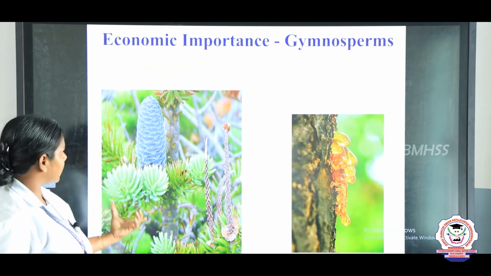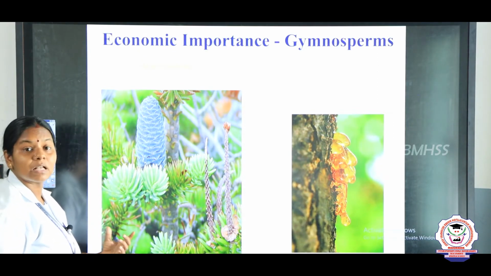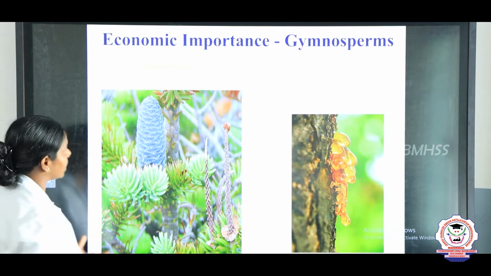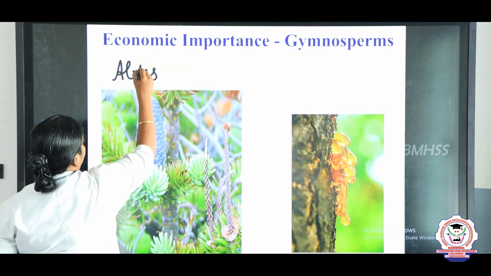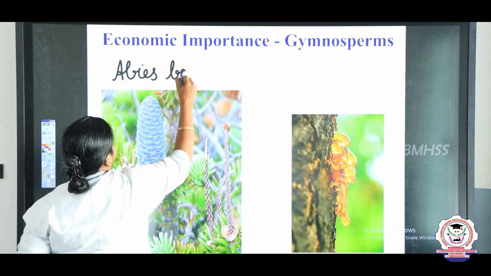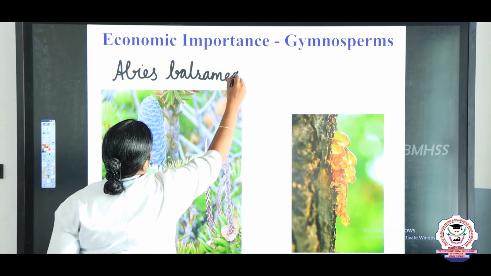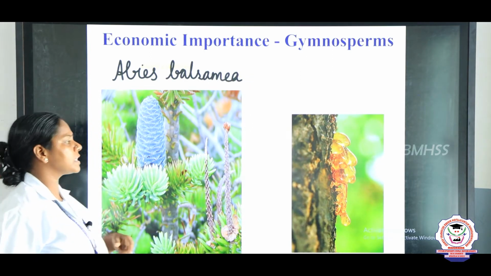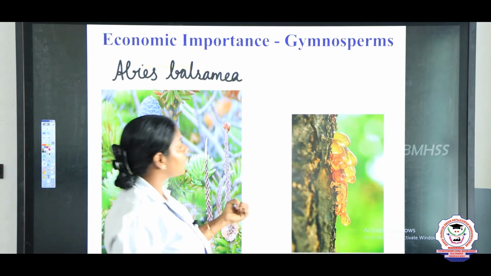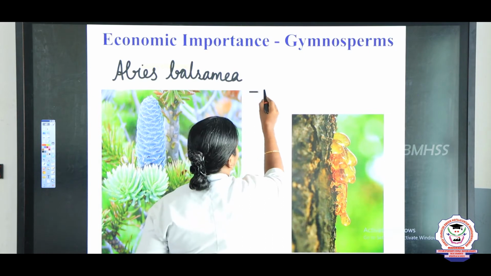Next we are going to see a plant named Abies balsamea. What is the name, children? Abies balsamea, right? This is the image of the plant, and it produces a substance called resin. What is the substance produced from it?